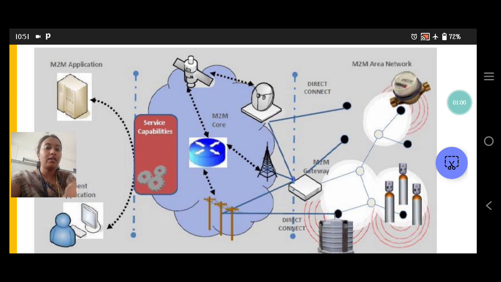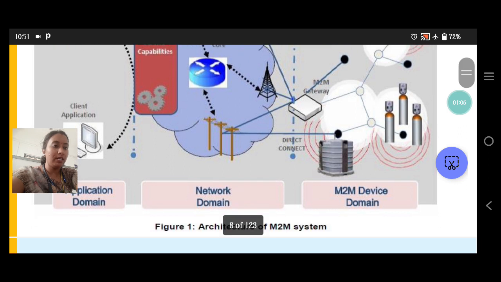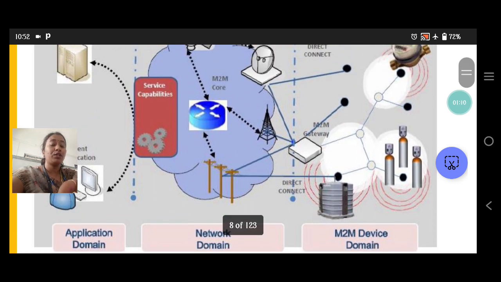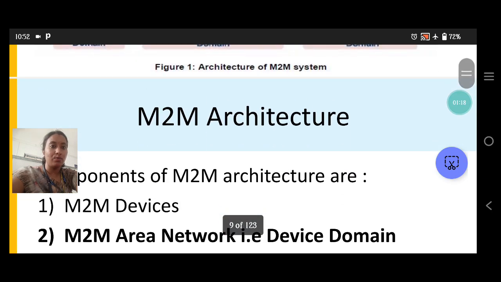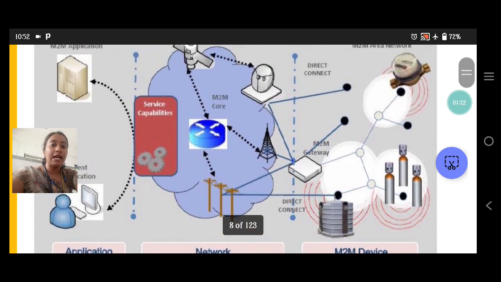In this M2M architecture, we have three domains: an application domain, a network domain, and an M2M device domain. First, coming to the application domain, we have two sides, a client and a server. For any input or output, we need a device to gather or transfer information, that is, a machine.